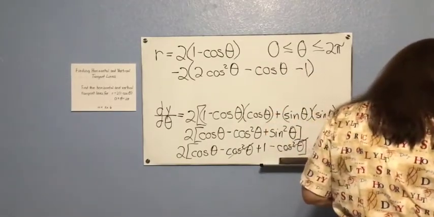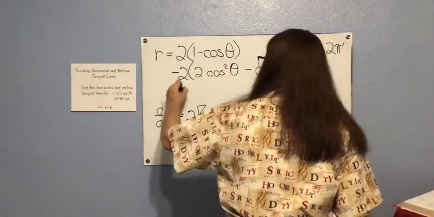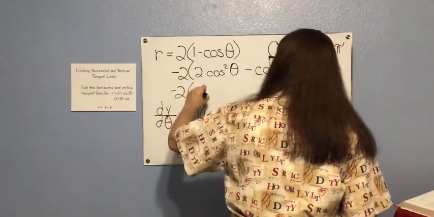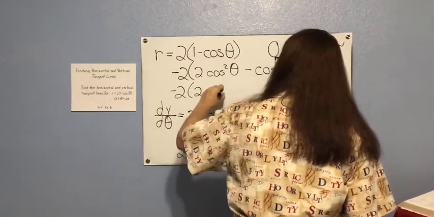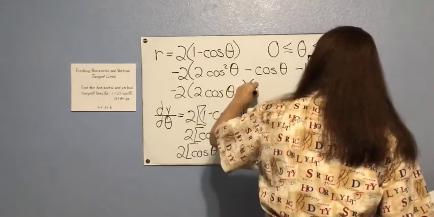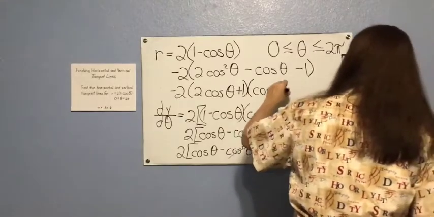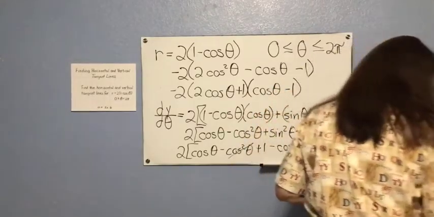So now we're going to have negative 2 times 2 cosine theta plus 1 times cosine theta minus 1.